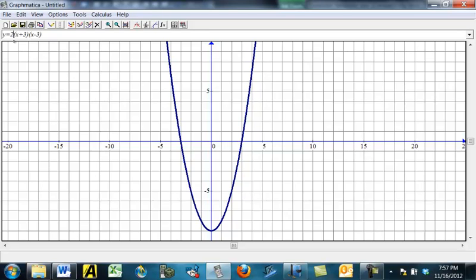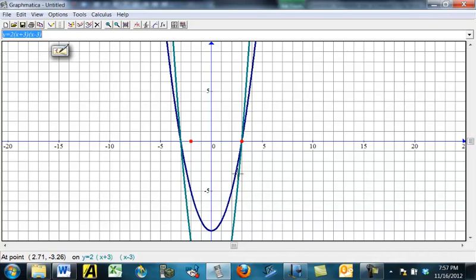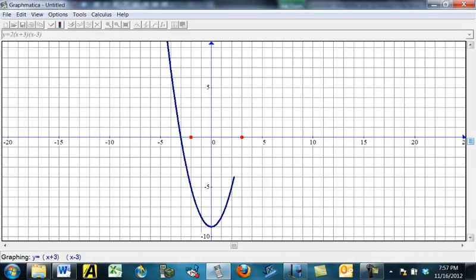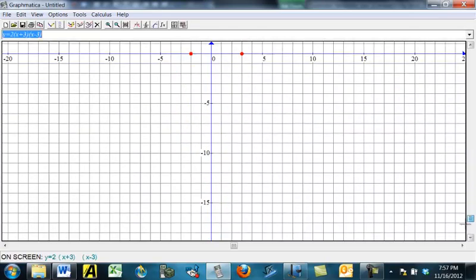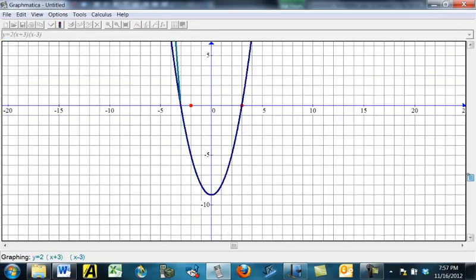Well, we know that's like taking this equation that I already have graphed, that function, and replacing y by y divided by 2. So really we're going to multiply the y's by 2, which is going to stretch it. Now I can't see it on this particular screen, but it does go down below the axis.